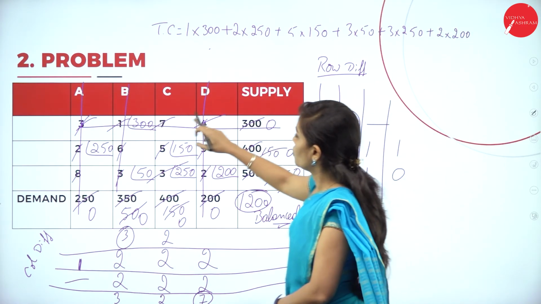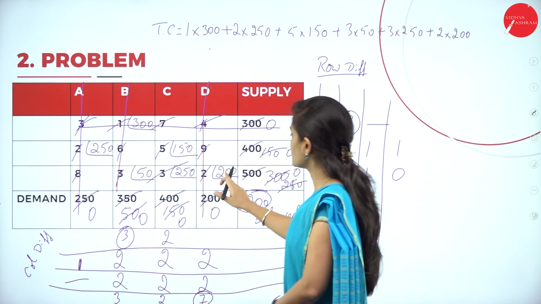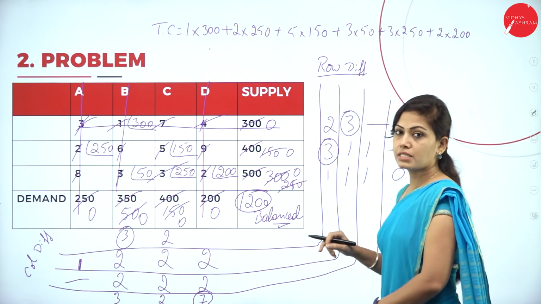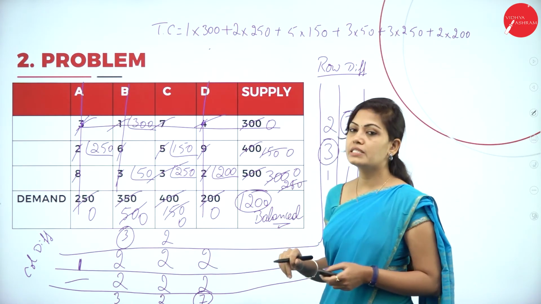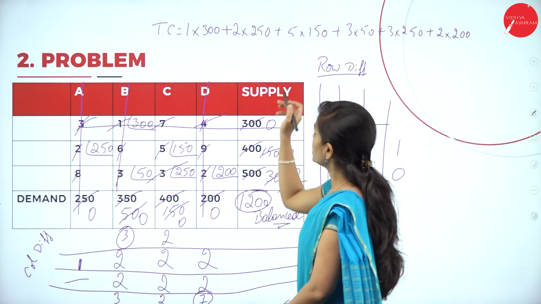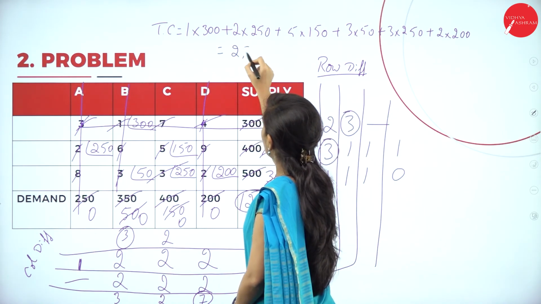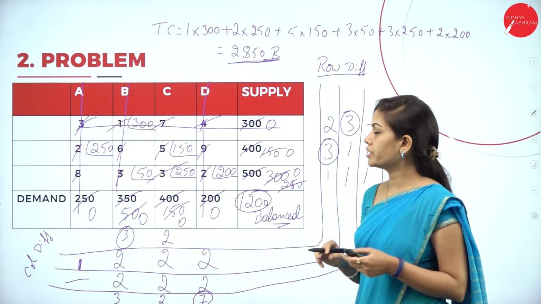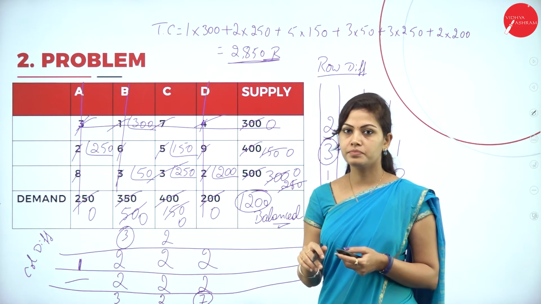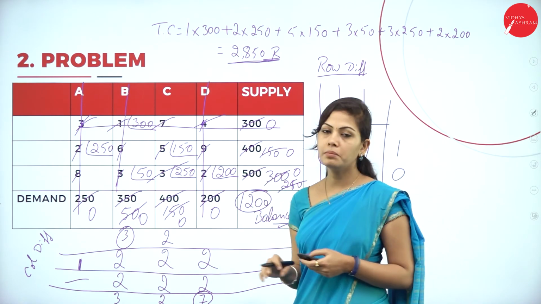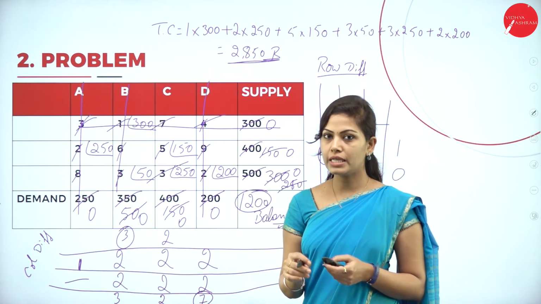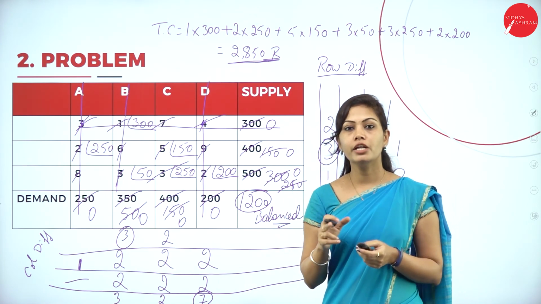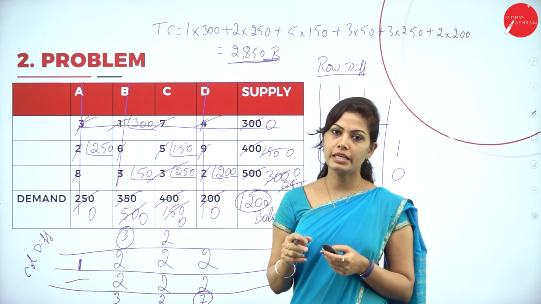So we have 6 allocated cells for finding the feasible solution. So the total transportation cost is 2,850 rupees. So this is your total transportation cost for this problem. This is called the VAM method or penalty method, Vogel's approximation method. It will give the best solution compared to the northwest corner and least cost method.